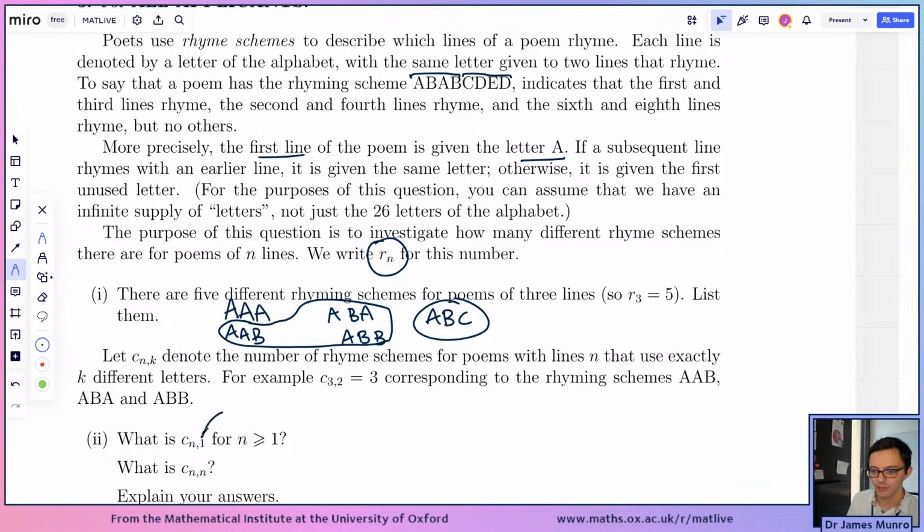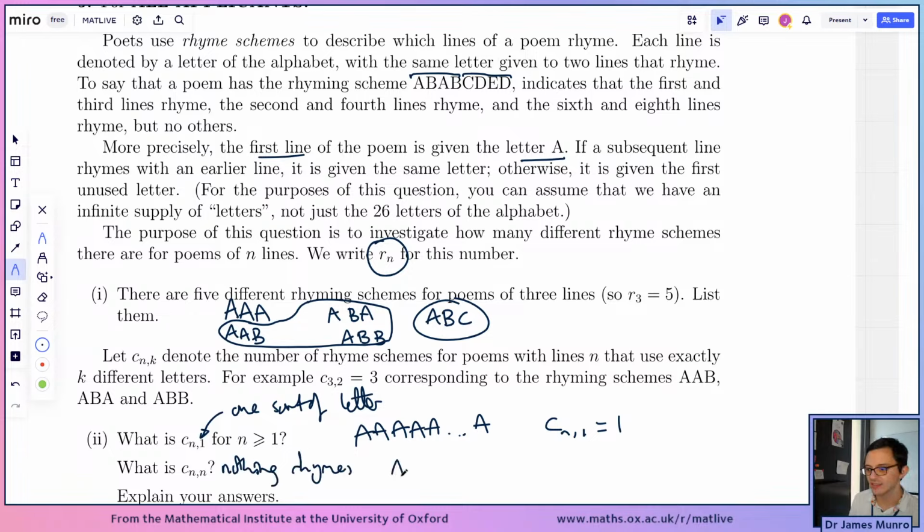What is C(n,1)? That says we've only got 1 sort of letter. So my poem is the sort where everything rhymes. So C(n,1) is just 1, there's only 1 rhyme scheme there. And C(n,n), nothing rhymes. I've got n letters, and that's A, B, C, Z, or whatever. So C(n,n) is also 1.